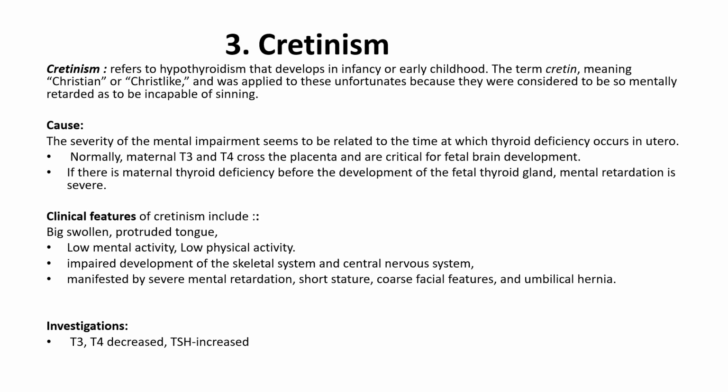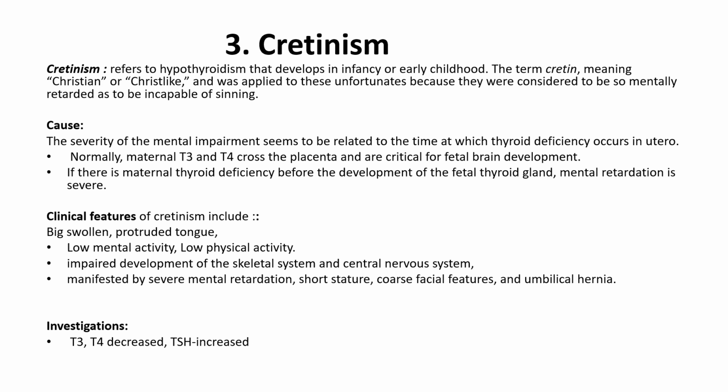Cretinism is also because of hypothyroidism in infancy or early childhood. The term cretin means Christian or Christ-like, applied to those unfortunates who are so mentally retarded that they are incapable of sinning. The severity of the mental impairment is related to the time at which the thyroid deficiency occurs in utero. Normally T3 and T4 cross the placenta and are required for fetal brain development.